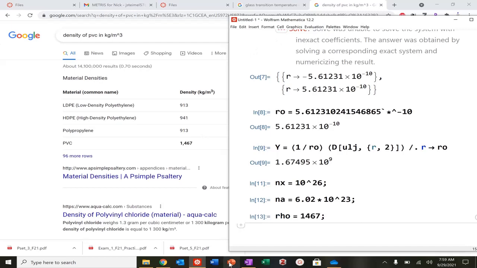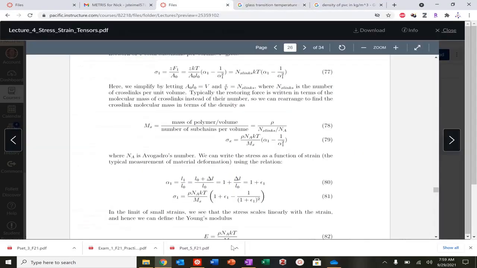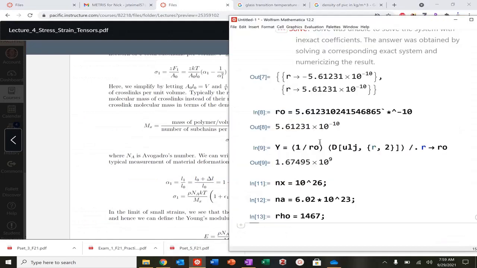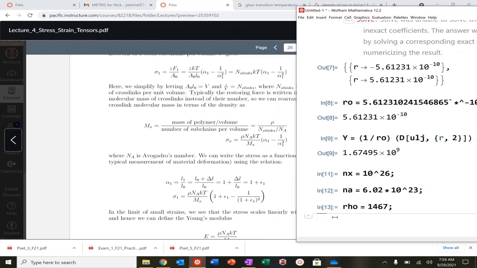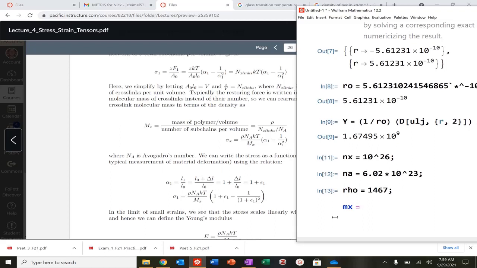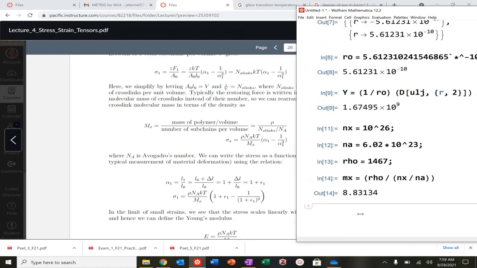So that's my density. So I could solve and look for the rest of this expression. My mx equals rho divided by nx divided by Na, and that's my mx.